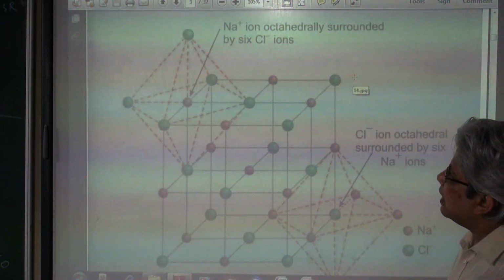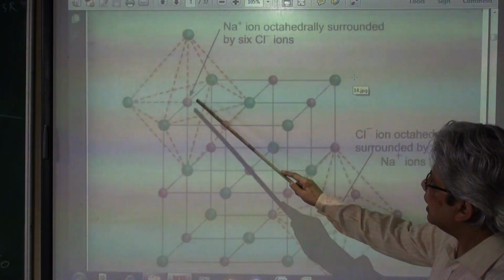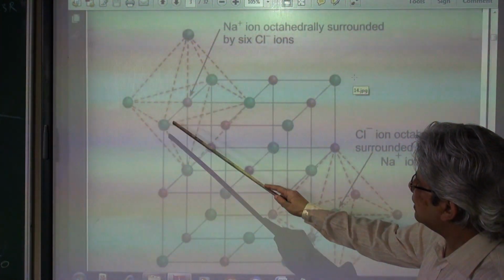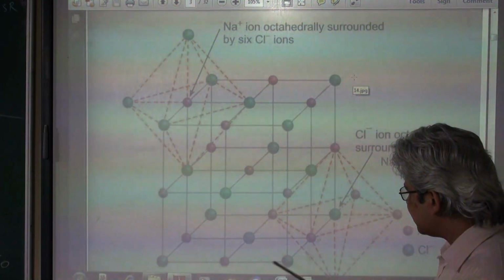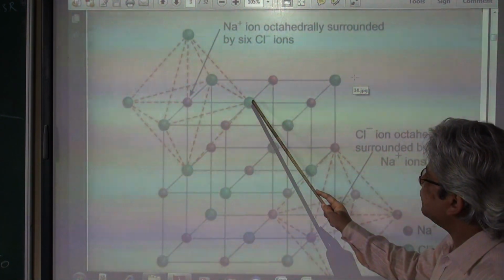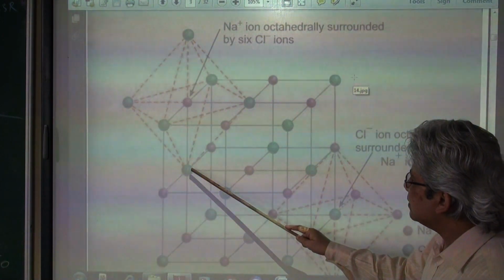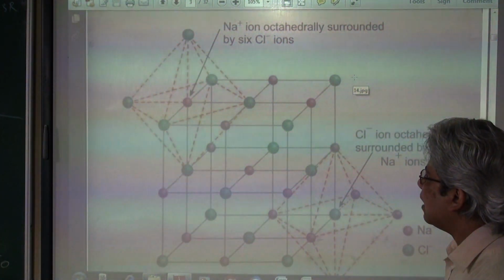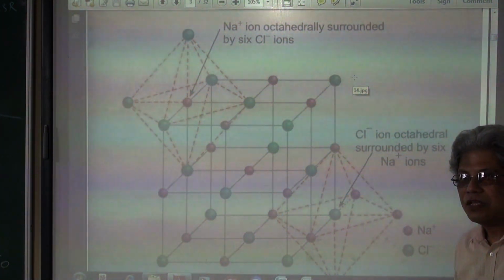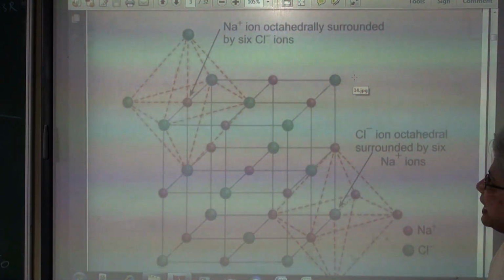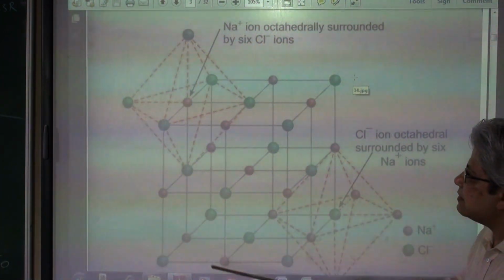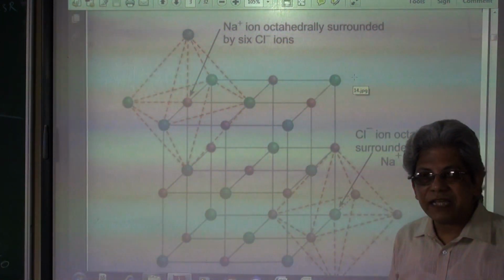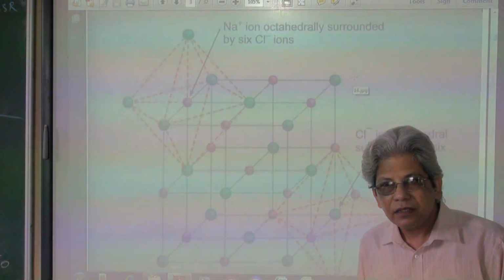Now look at the arrangement. Here you can see at the corners as well as at the face center, these green dots are present. So we can say the arrangement of the unit cell is a face-centered cubic unit cell.